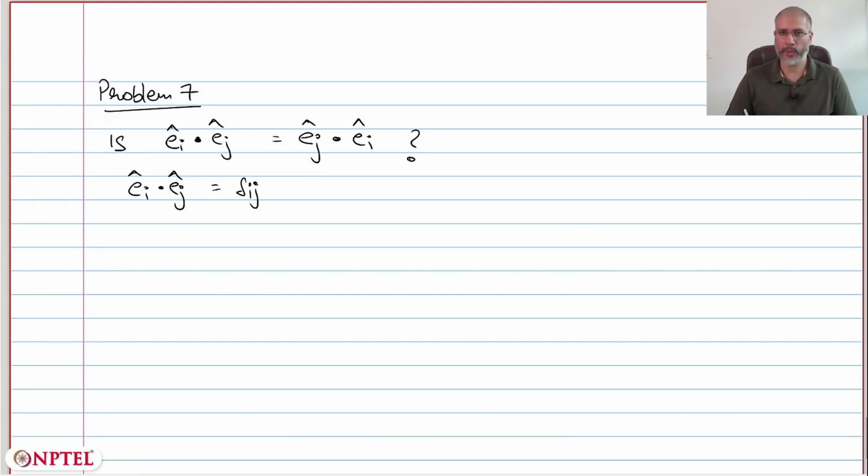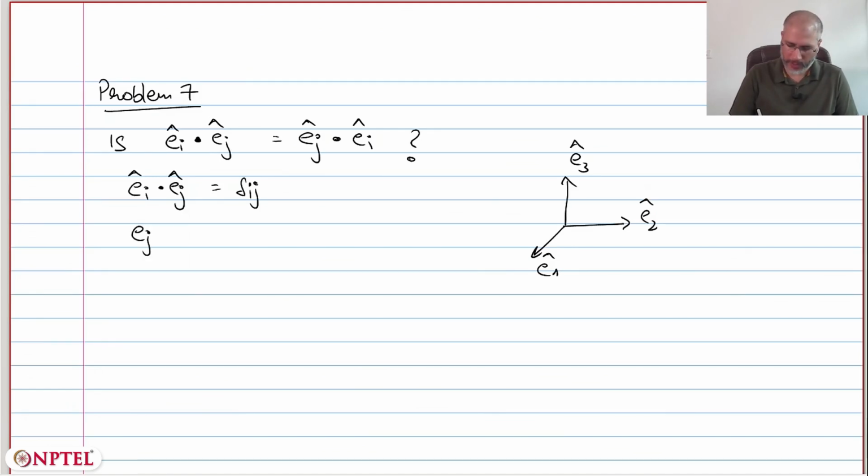So e1, e2 and e3 are the three mutually perpendicular directions in the right hand Cartesian coordinate system. So this is e1, this is e2 and this is e3. So ei dot ej will be equal to 1 only if i and j are equal, and that is the same as the definition of the Kronecker delta. So ei dot ej is delta ij.